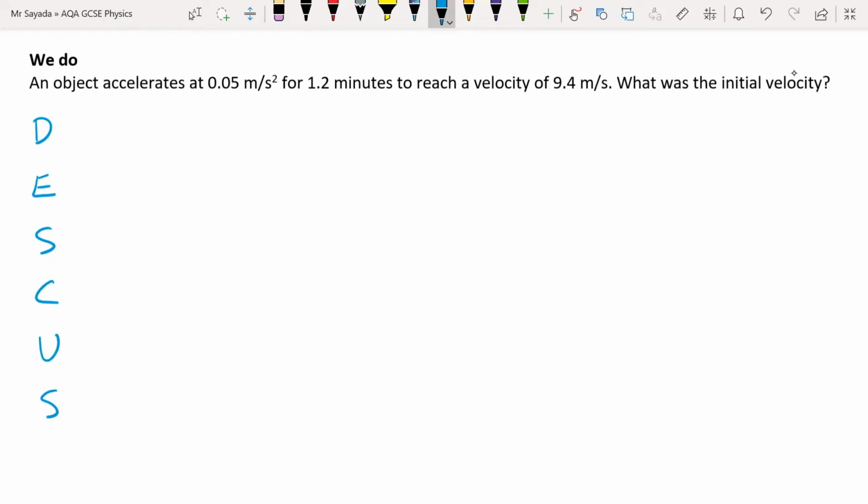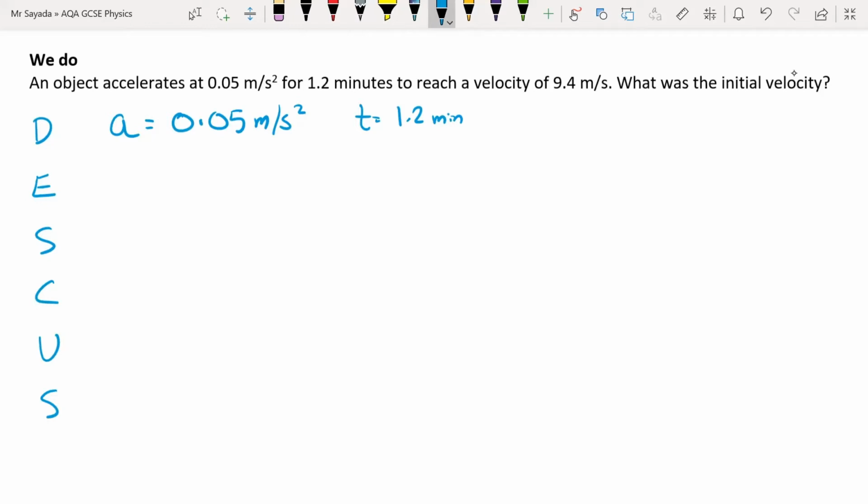I want you to take a moment to decide what we can write down for D. Pause the video while you think about that, and when you're ready with an answer, press play. So hopefully you've said that we should write down acceleration is 0.05 meters per second squared, and also that the time is 1.2 minutes. Did you remember what to do with those minutes?